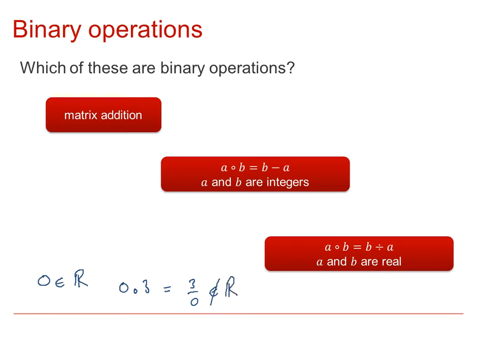So this one falls down because of this one element. If we restricted it to real numbers that were positive, for example, so those greater than 0, then it would be fine. So defining the set that you're using is very important.